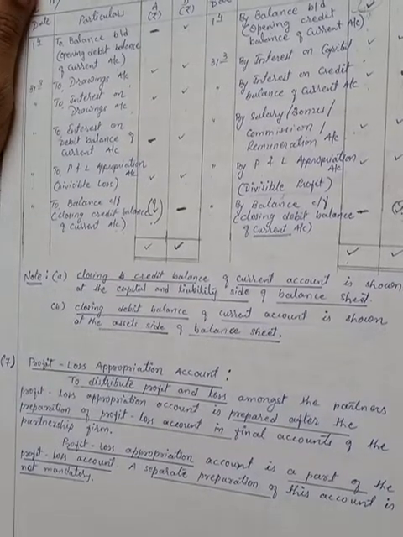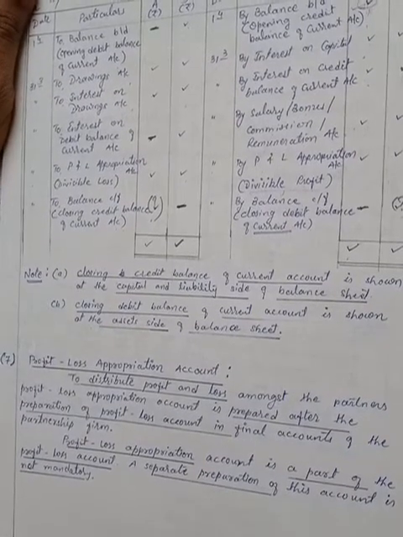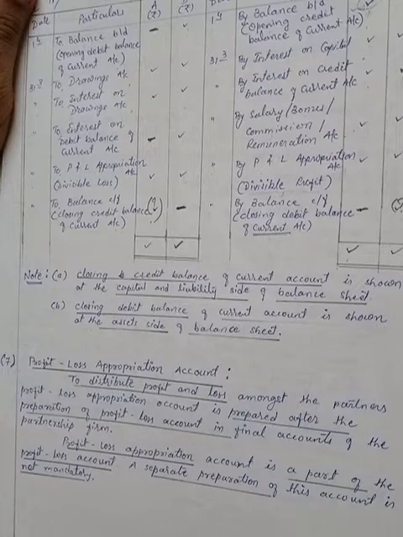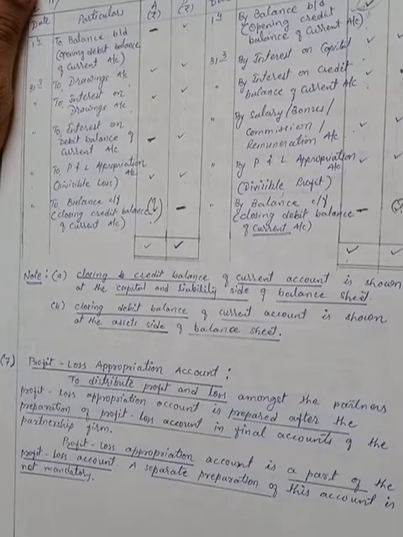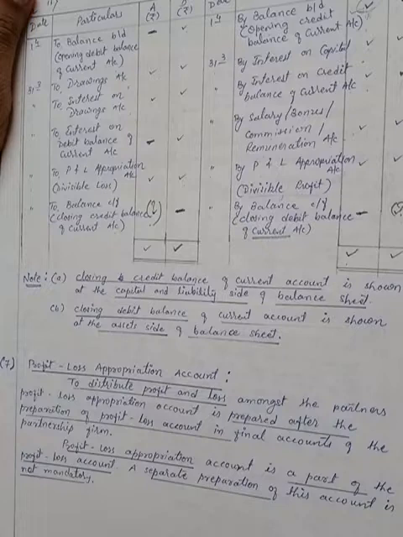Actually, this profit and loss appropriation account is a part of profit and loss account only. That means it is not mandatory to prepare this separate appropriation account.